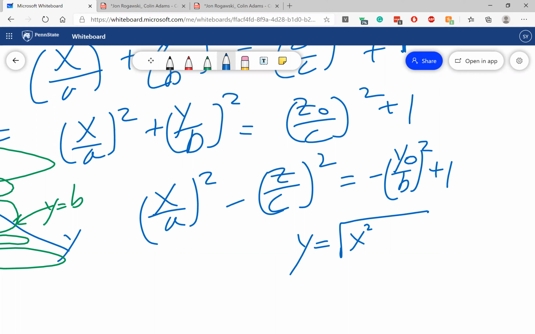And from this, we can read off different things about the graph. I'm not going to go too much into that. I would point out that if there isn't a constant over here, and you just had y squared is equal to x squared, then when you take the square root on both sides, they would cancel, and you would just get y is equal to x, which is a line. And we will see this in a second.